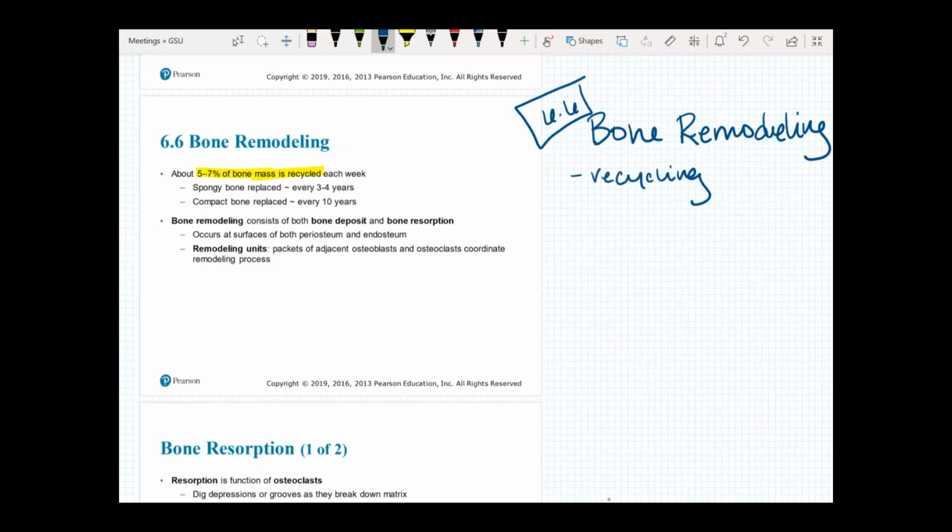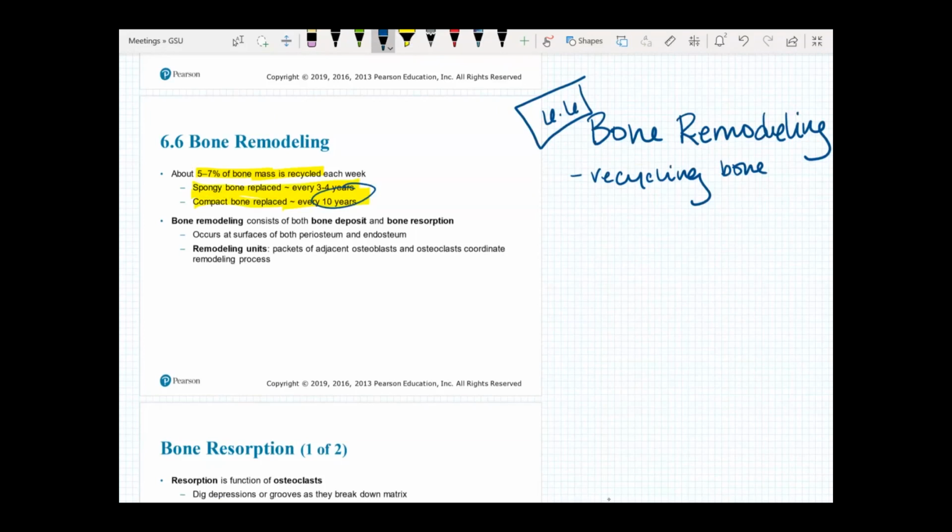You're going to break down the old and add in new, just to make sure it's super, super, super strong. So this means if we have spongy bone replaced about every 3 to 4 years, our entire skeleton, our compact bone and our spongy bone, will be finished every 10 years. So about every 10 years, you have a new skeleton from what you had before.